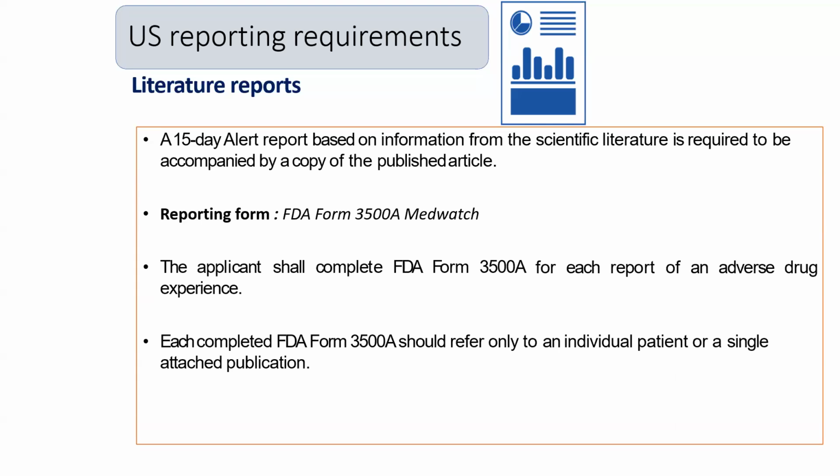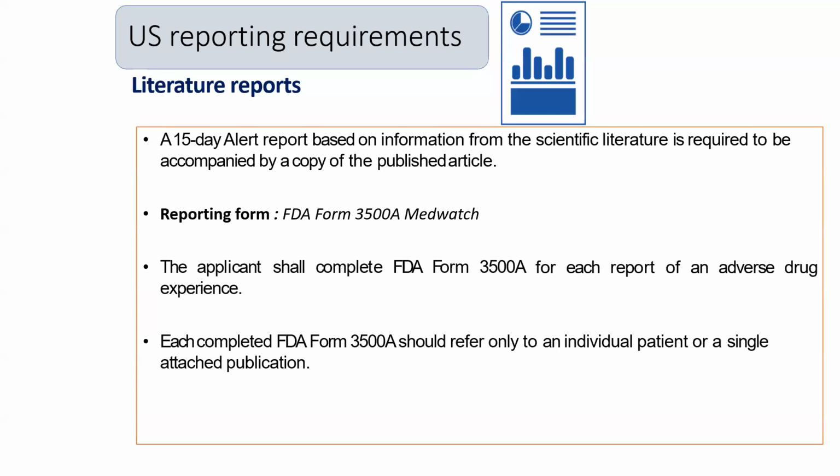The applicant shall complete the FDA form for each report of an adverse drug reaction experience. So if you have multiple patients, you cannot fill a single form for all the patients unless it is an aggregate report. If you have different information for the patients, you have to fill a single form for each patient.